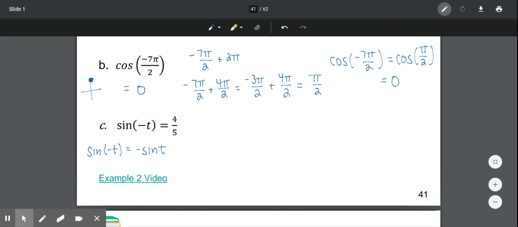So if we know that the sine of negative t is 4/5, then we know that the negative sine of t is 4/5. Which means that if we move the negative to the other side, we could say that the sine of t is negative 4/5.